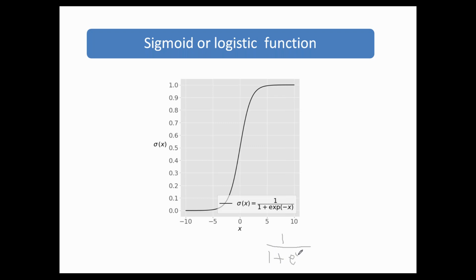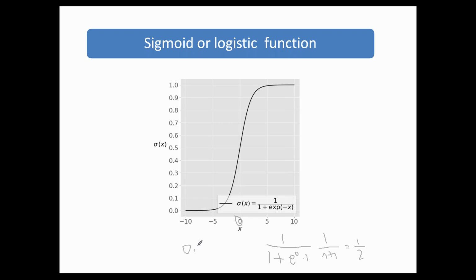Since e power 0 is 1, it is 1 by 1 plus 1, which equals 1 by 2. So you will get 0.5.